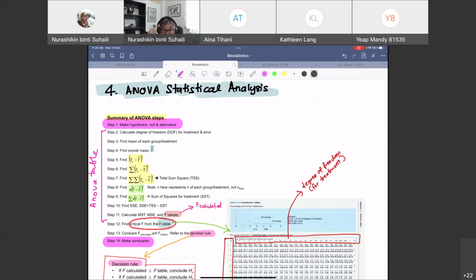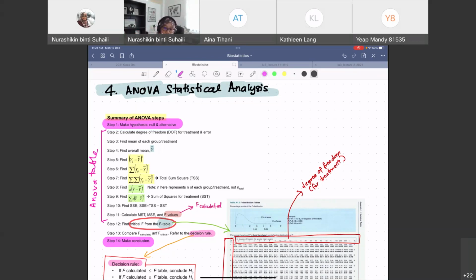Remember the F value in the ANOVA table is equivalent to F calculated. Then what you have to do with that F value is compare the F calculated with the F value from the table, which we term as critical F. The pattern is about the same as with other tests.